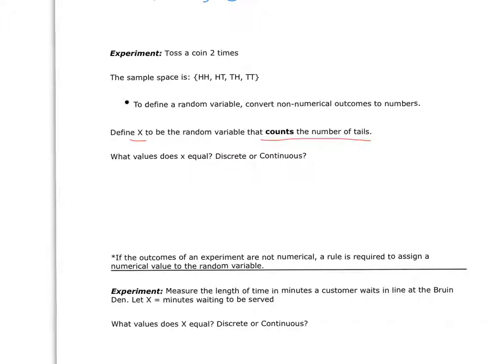So we'll have x equals, well, like in the very first outcome, 0, then 1 and 2. So if we assign those values to the outcomes, the first outcome we get x equals 0, the second and third outcome we get x equals 1, and that last outcome is where we get x equal to 2.